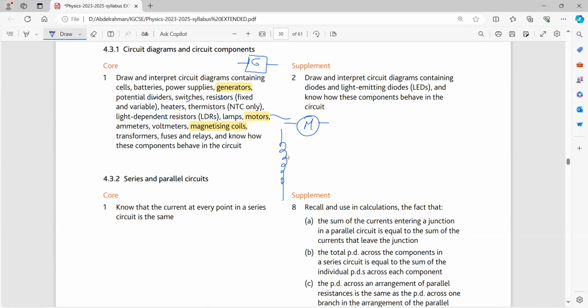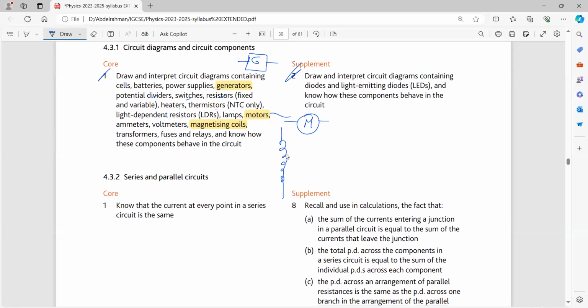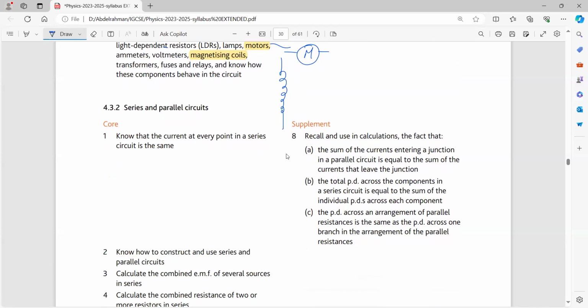Okay. So these are some of the drawings that we are required to do. Series and parallel. We know that the series has the same current. We know that in a parallel circuit, the sum of the currents entering a junction is equal to the sum of the currents that leave the junction. It's quite easy.